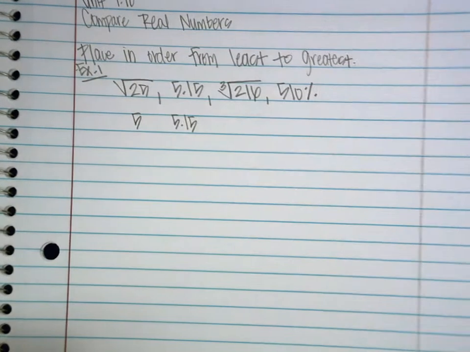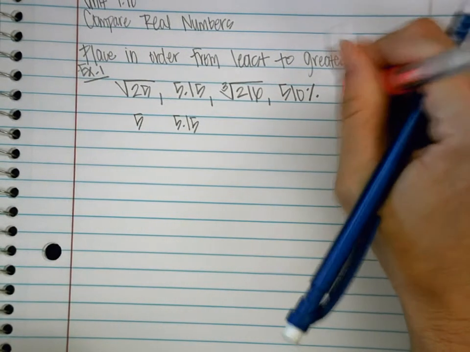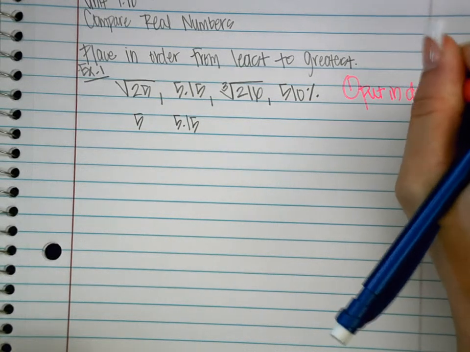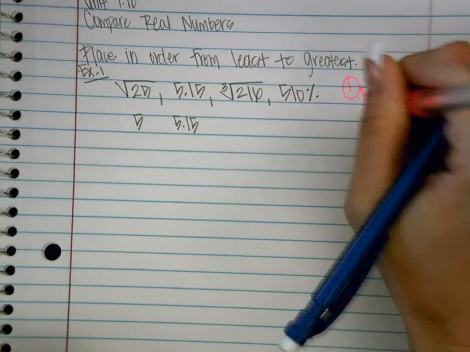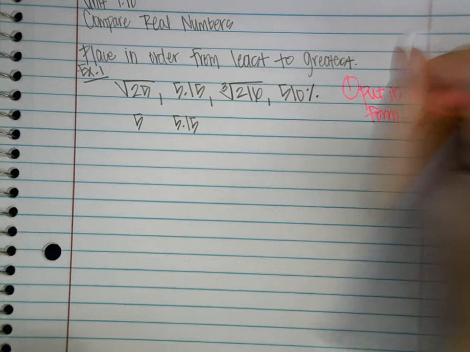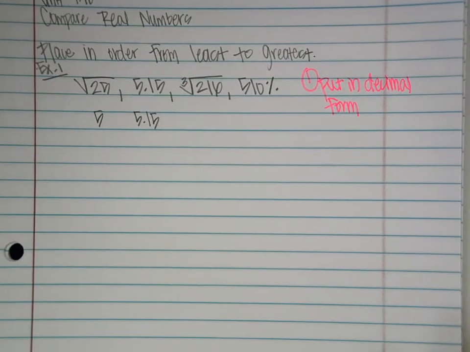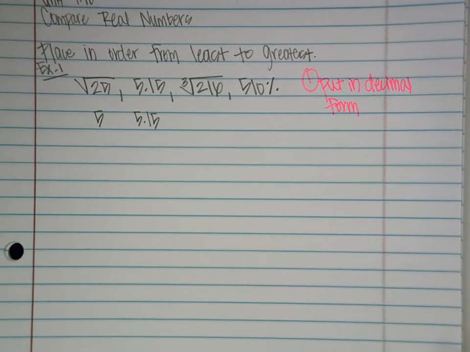So step 1 is to put in decimal form. Change or put in decimal form. That's the first thing you're going to need to do for these types of problems.